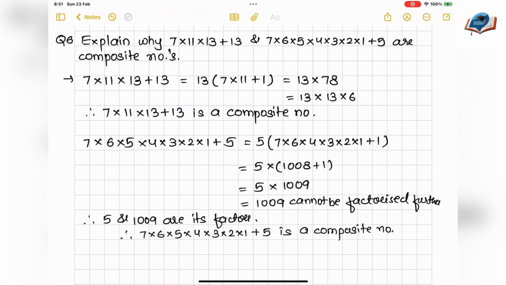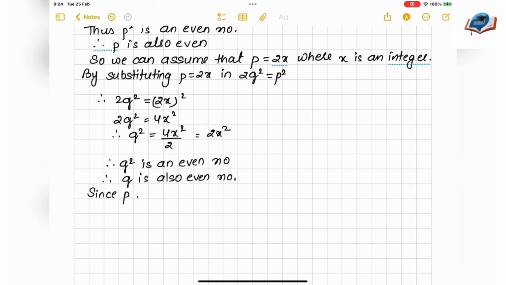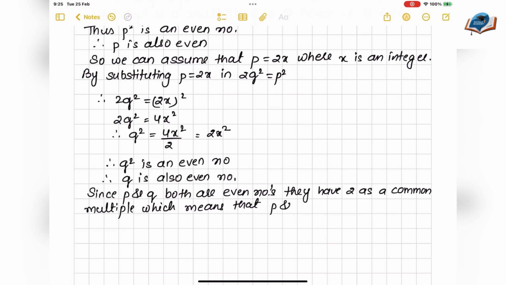Since p and q both are even numbers, they have 2 as a common multiple, which means that p and q are not coprime and HCF is equal to 2.